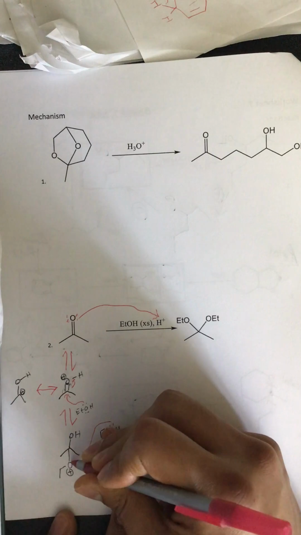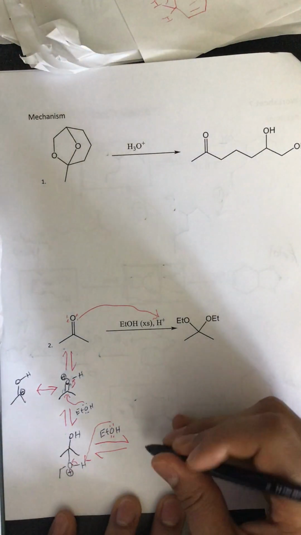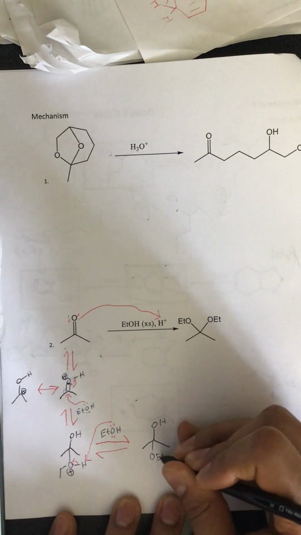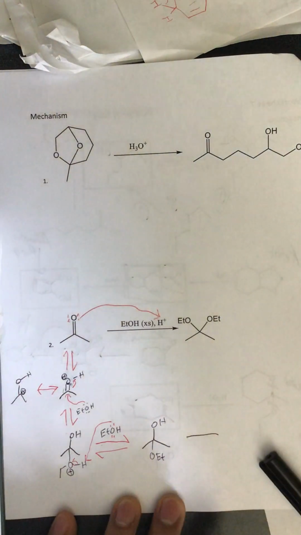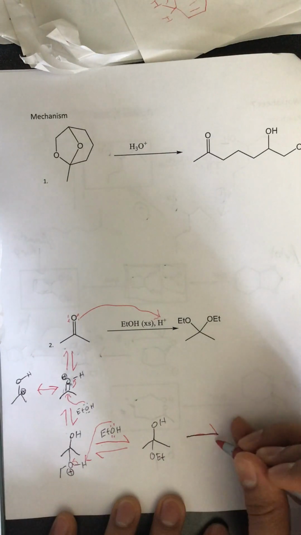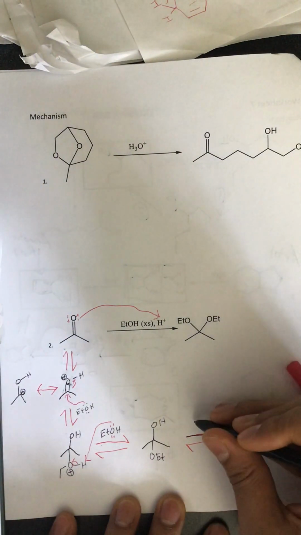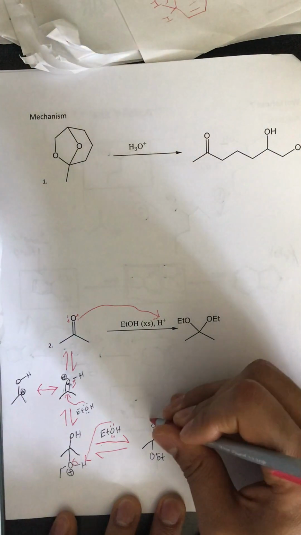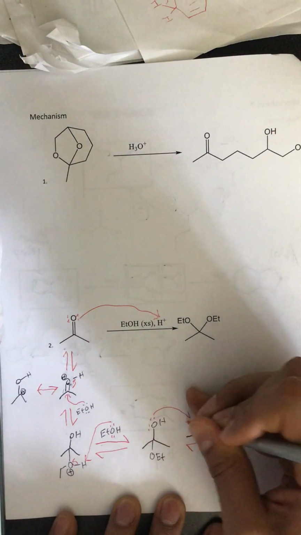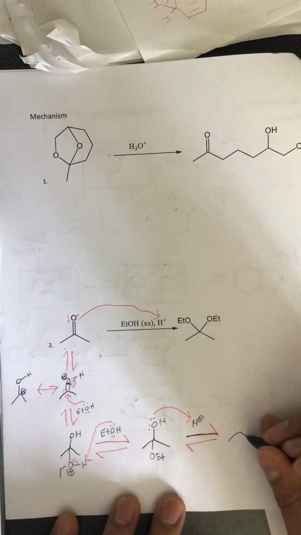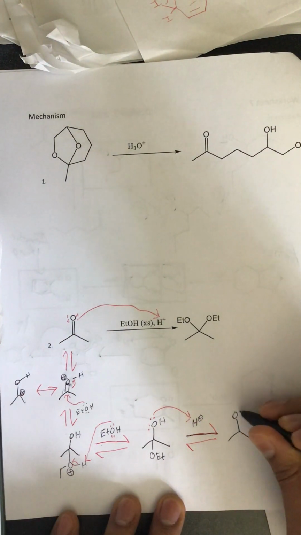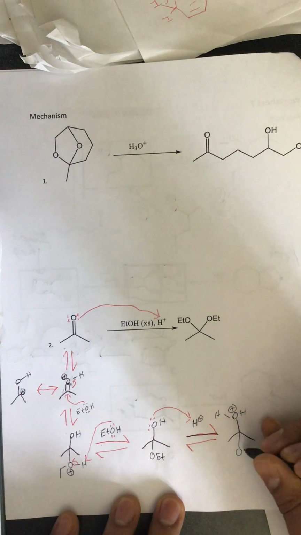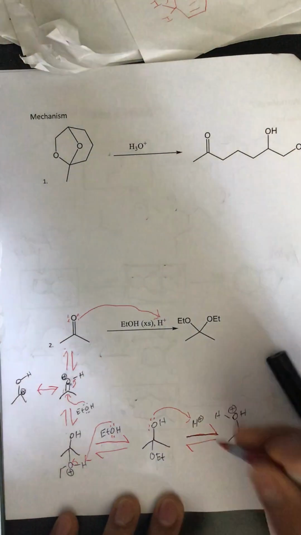And get to what's called the hemiacetal, right? Then I can take my acid again, protonate my water, or protonate the alcohol, so now it'll be a good leaving group, right?